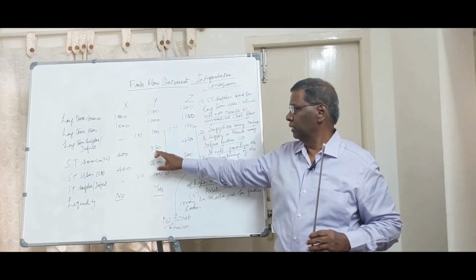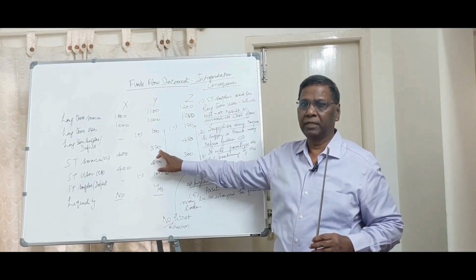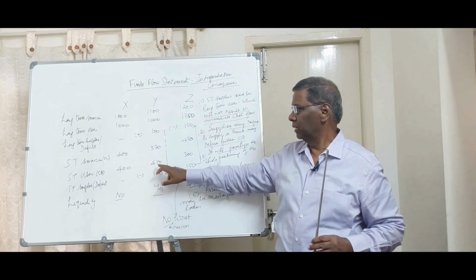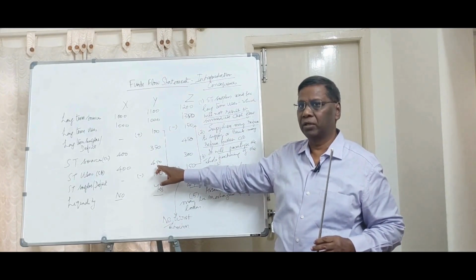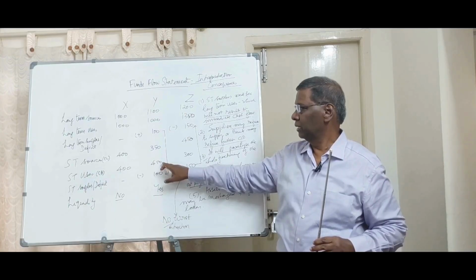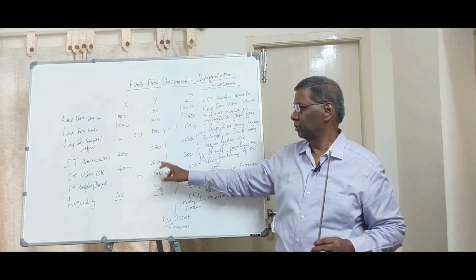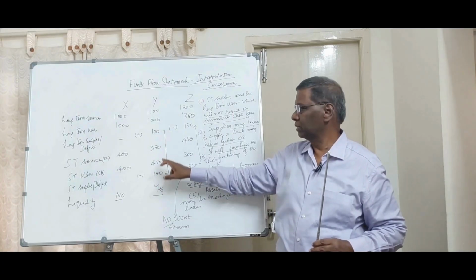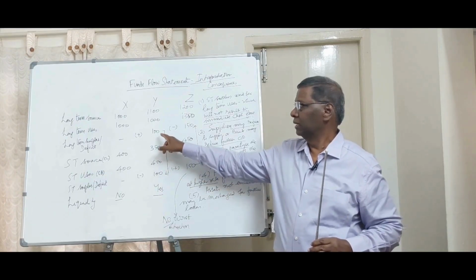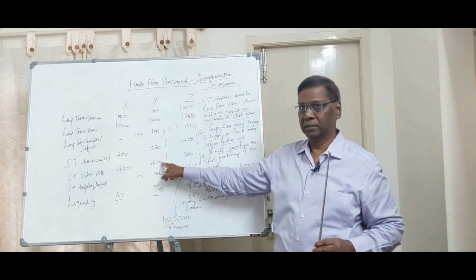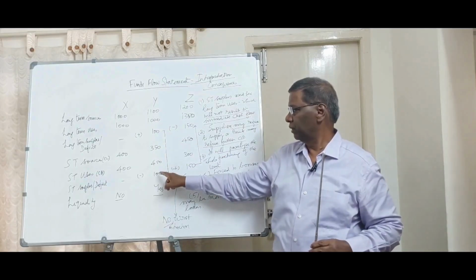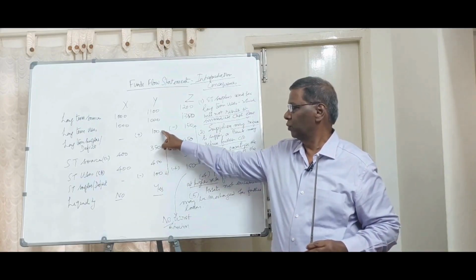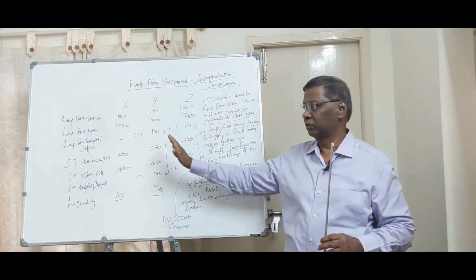Then he availed only 350, that means bank loan or trade credit. But he has bought current assets to the value of 450. So there is a shortage of 100, because he has taken only 350. Why only 350? Because this 100 is used here also. That's why 350 plus 100 makes 450. This is one scenario.